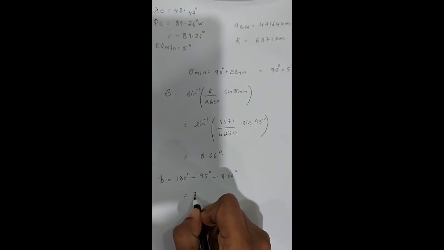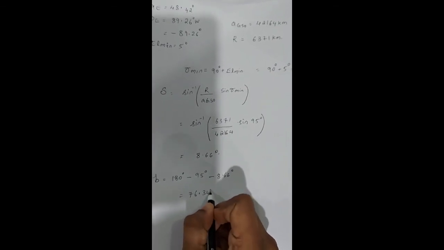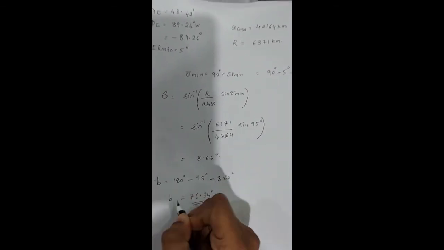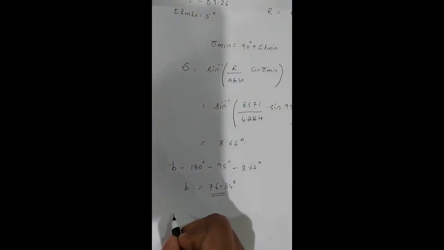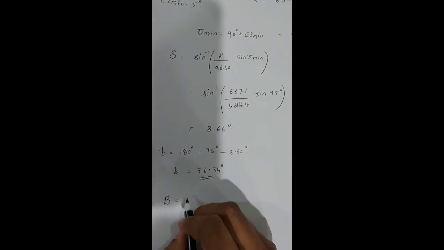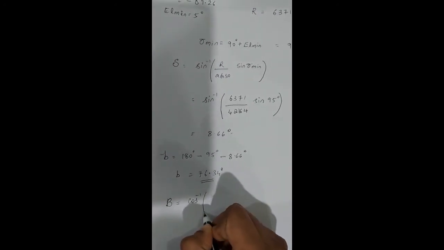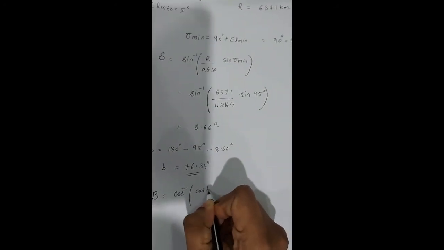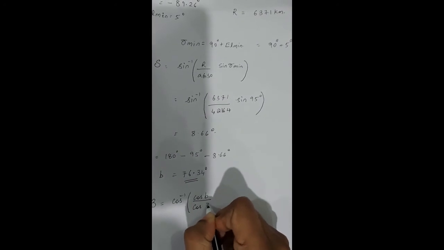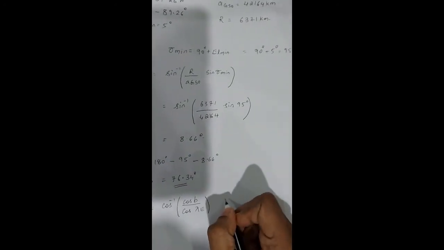You will get 76.34 degrees. So you got your angle small b. Once you have small b, you can find out capital B, which is cos inverse of cos small b by cos lambda e.